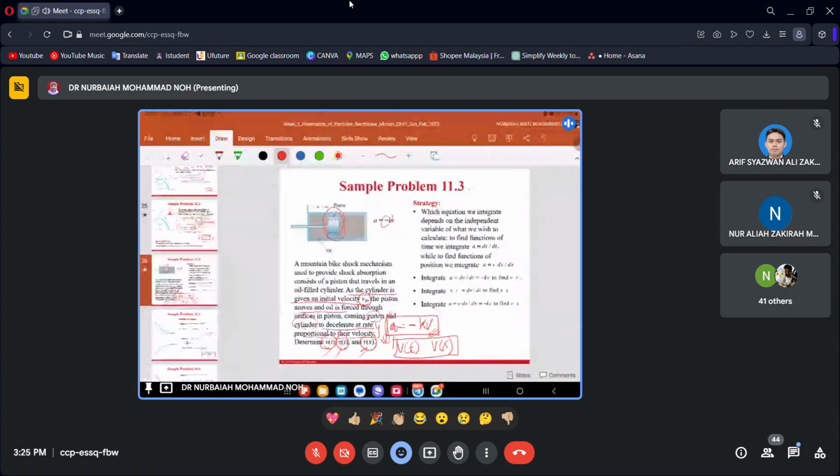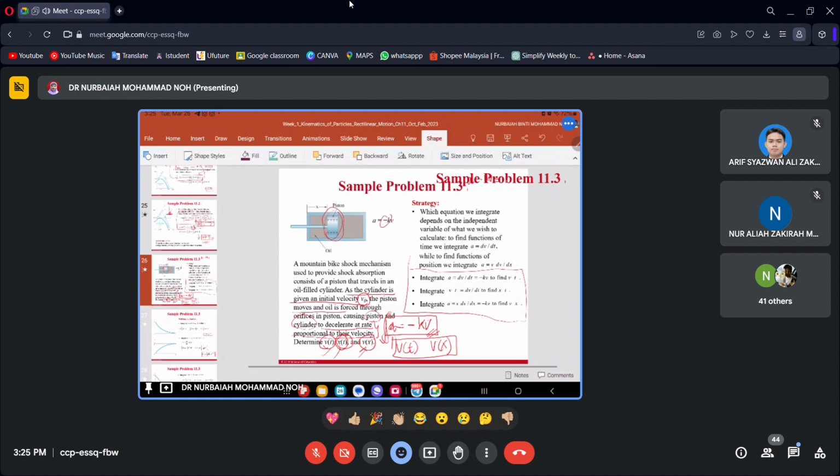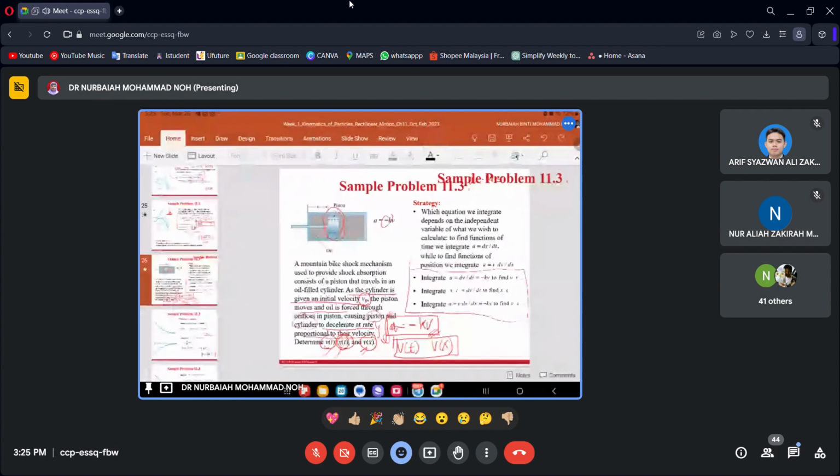Okay, once you get these two functions, then later on you can derive for the position functions. Alright, so this is the overall idea in order to solve for this problem. As we know, when we are talking about A as a function of velocity, we can relate it with the kinematic relationship of V dV over dx.